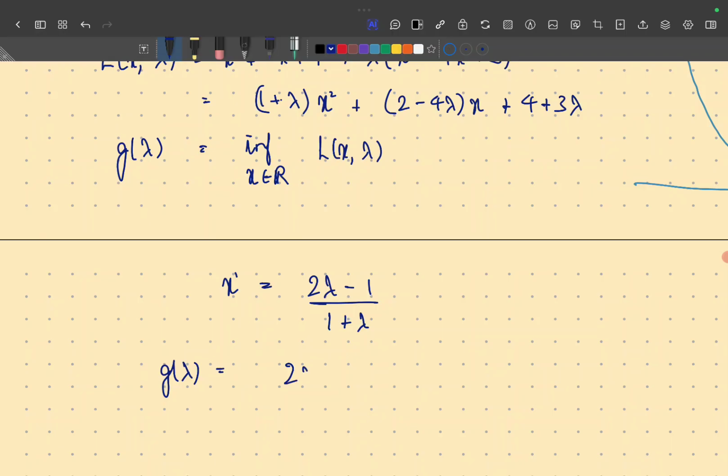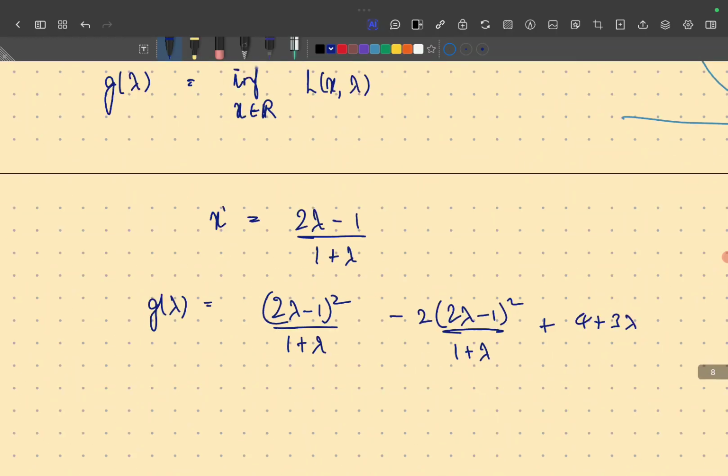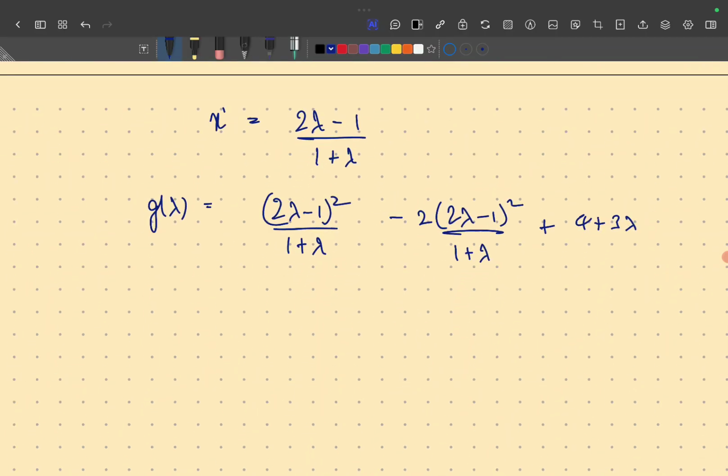It's going to be 2 lambda minus 1 the whole square divided by 1 plus lambda plus 2 into 1 minus 2 into 1 minus 2 lambda. So that happens to be minus 2 times 2 lambda minus 1 the whole square divided by 1 plus lambda plus 4 plus 3 lambda.